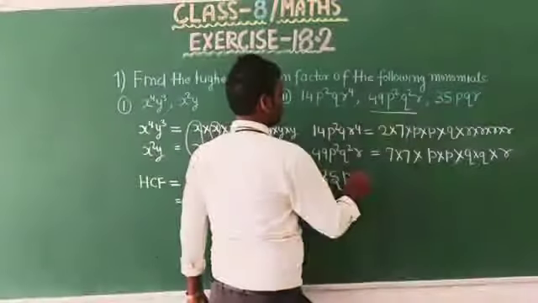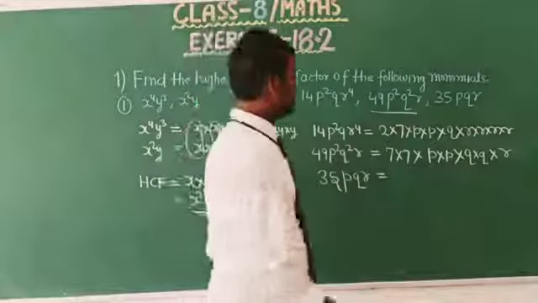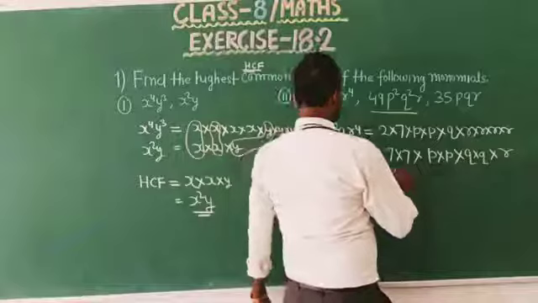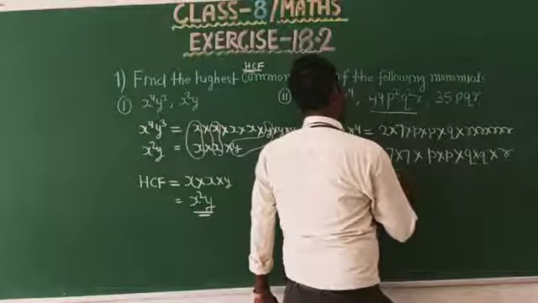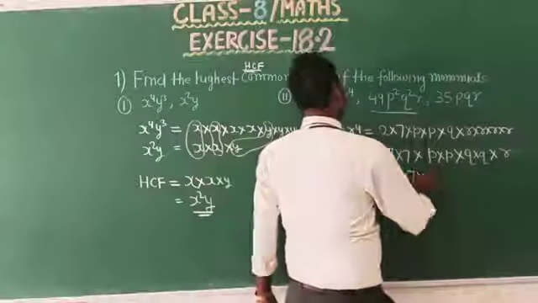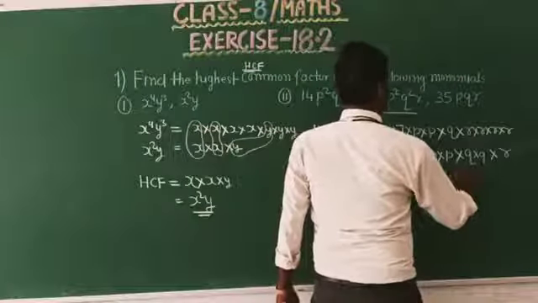35 can be written as the product of 5 into 7, and this is p into q into r.